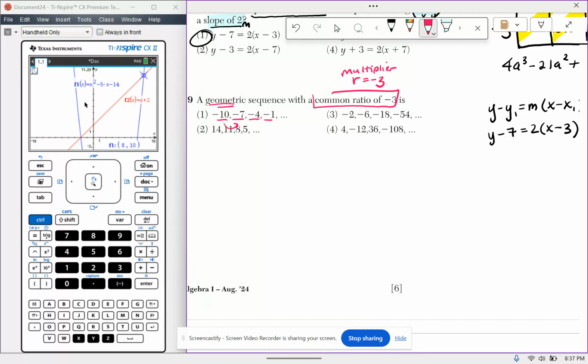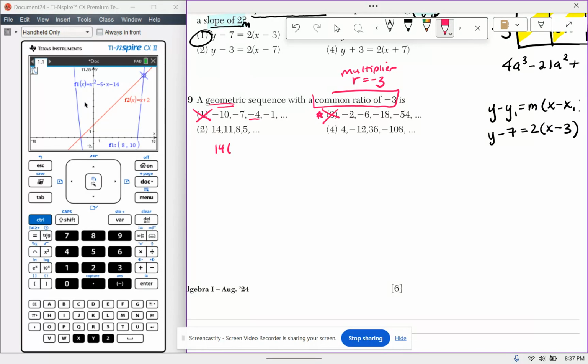I can already tell that 10 times -3 is not -7. -2 times -3, no, that would have to be a positive 6 here, and it's not positive, so we can eliminate that one.